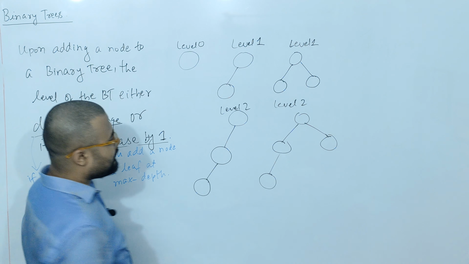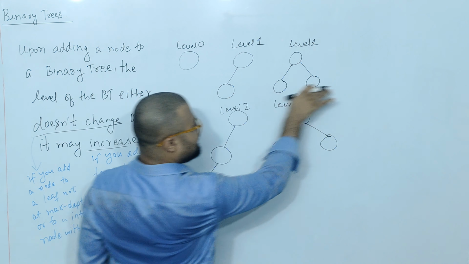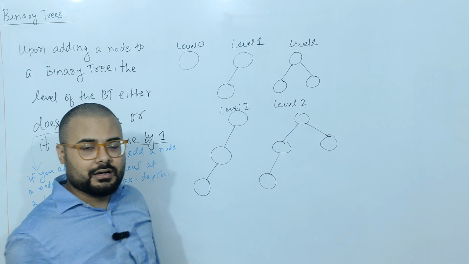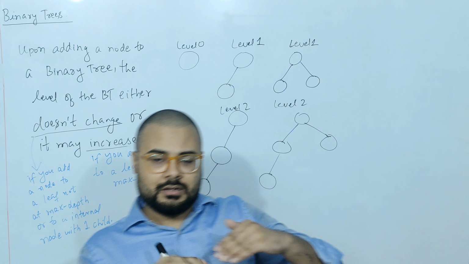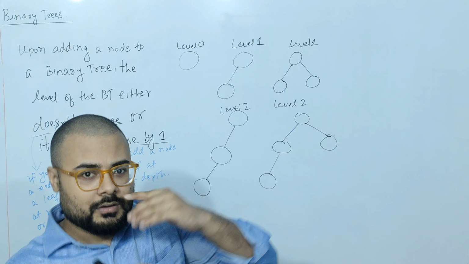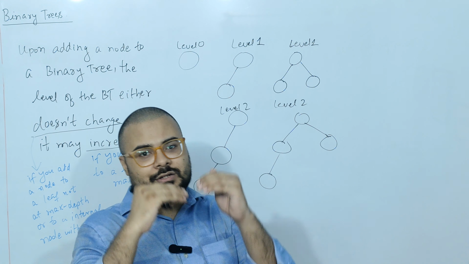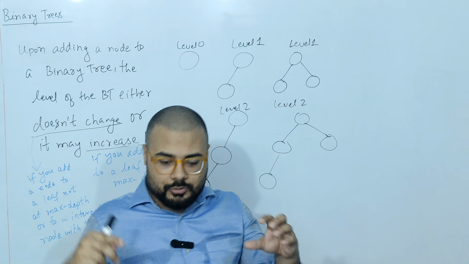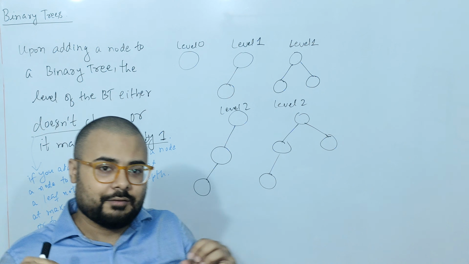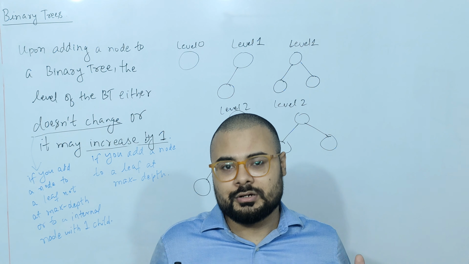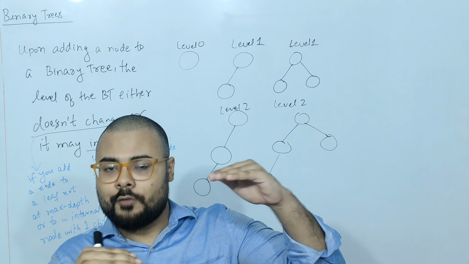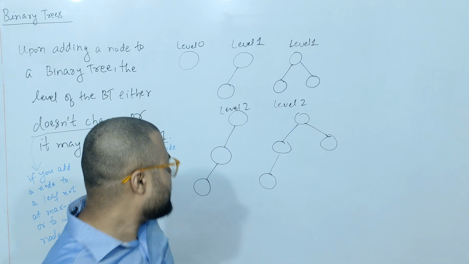Okay, look at this. The nodes at any level are nothing but the children of nodes at the level above it. By above, I mean level i minus 1. If you are at level i, the nodes that are at level i are nothing but the children of nodes of level i minus 1.